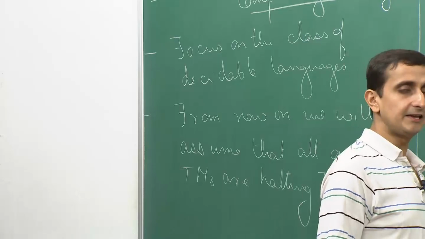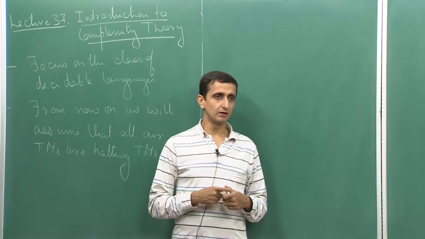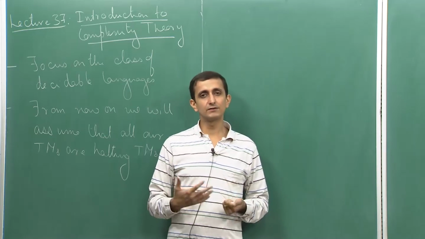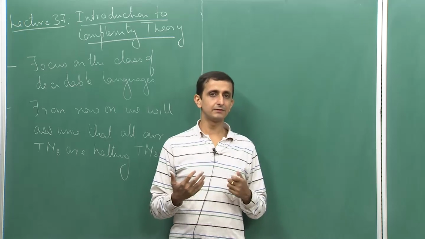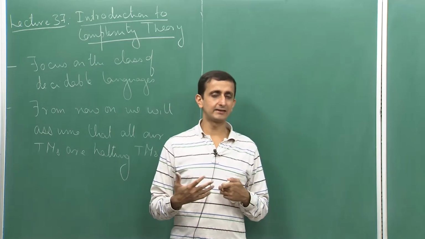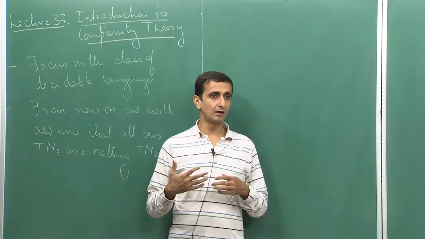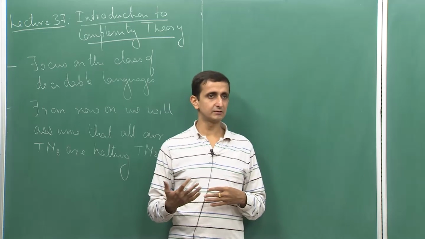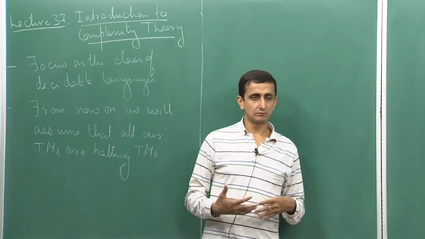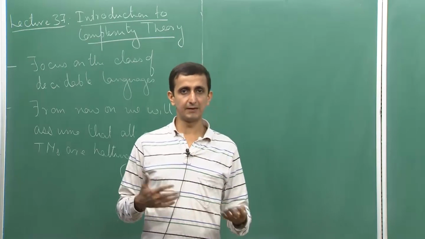So, what do we study in complexity theory? What are the kind of questions that we want to address? So, first what we will do is that within the class of decidable problems, we will classify them based on the amount of resources that a particular language, or a particular Turing machine of a language, uses to reach its answer. Okay. So, resources can be many things. Resources can be time, they can be space.